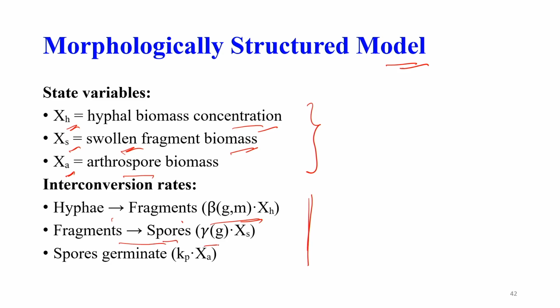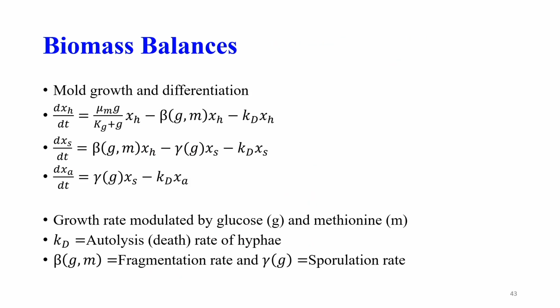Fragment to spore, we are going to consider gamma and XS. XH is the concentration of hyphal biomass, XS is the concentration of swollen fragment biomass, and for spore germination we are going to consider Kp and XA. XA is the concentration of arthrospore biomass.